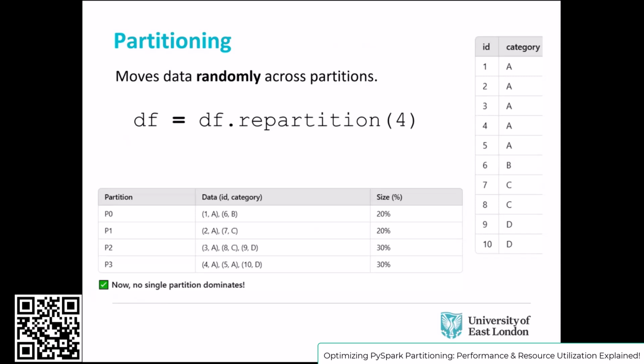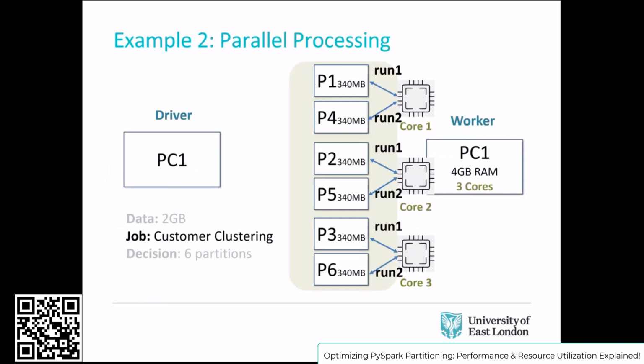So the point is, let's say we have 12 partitions. You ask Spark, okay, I need 12 partitions, but please take A and B into just, let's say, only 6 partitions or 4 partitions.